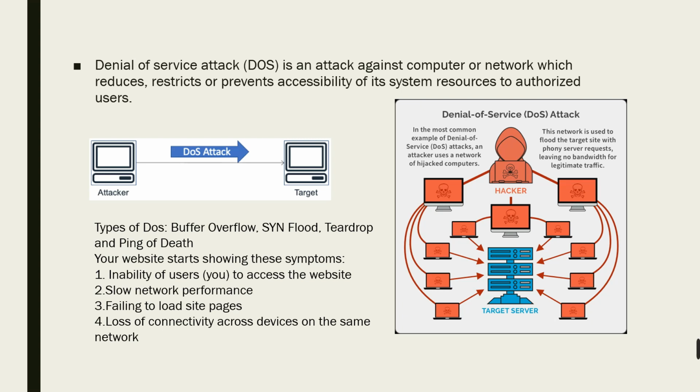It's an attack against a computer or network which reduces, restricts, or prevents accessibility of its system resources to authorized users. And it has several types: buffer overload, SYN flood, teardrop, and ping of death.